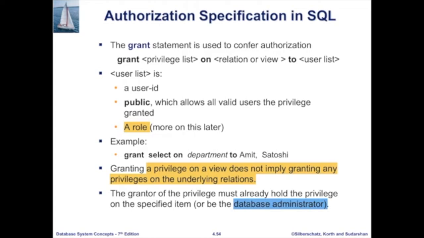So parang pwede tayo magdagdag dito. Also note that if we grant a privilege on a view or a virtual relation, it does not imply granting a privilege on the underlying relation, kung ano man yung ginagamit ni view. And then the grantor of the privilege must already hold the privilege on the specified item or the database administrator.